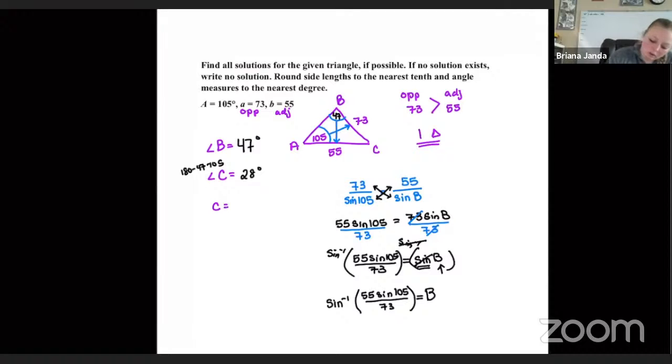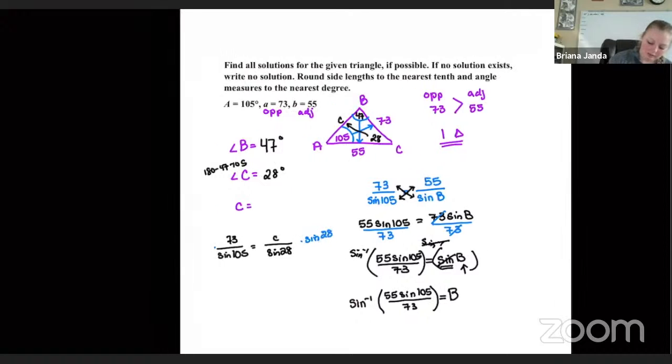And then we know an angle across from our last missing side here, and we can set up law of sines like we would have on our last lesson, which we would use that 73 over sine of 105 equals our missing side C over sine of 28. Solve for C by multiplying both sides by sine of 28.